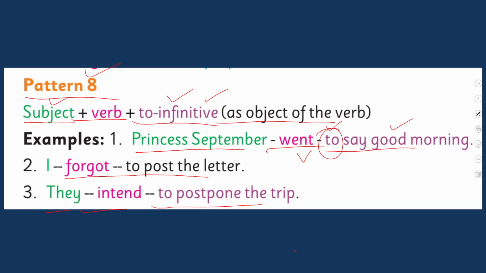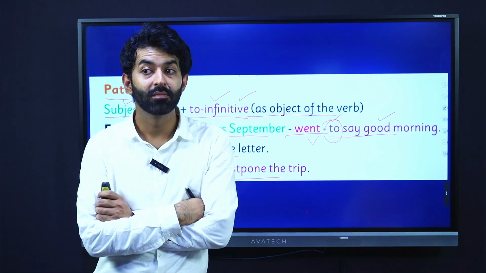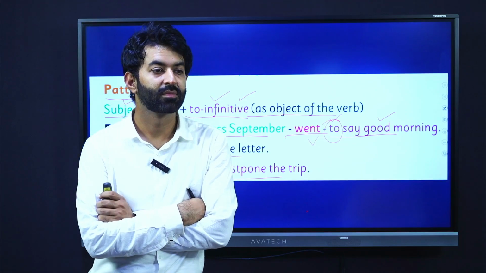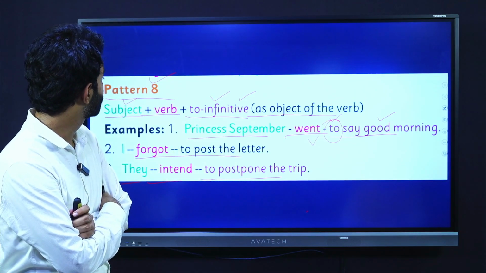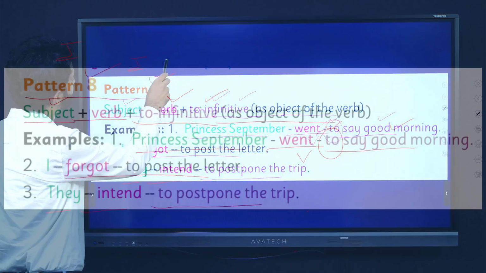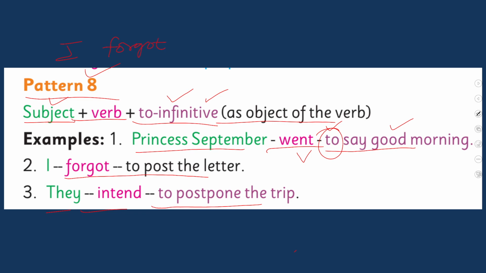All right. Let's make a sentence. I forgot, let's say, I forgot to turn off the light, to switch off the light, to turn off whatever.